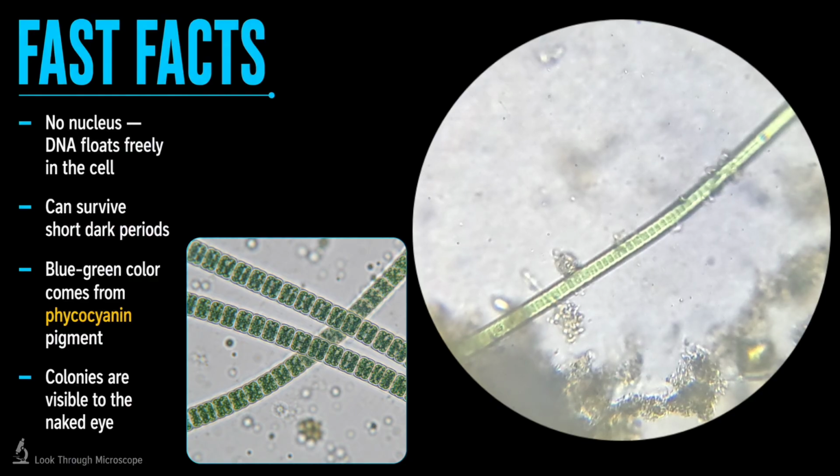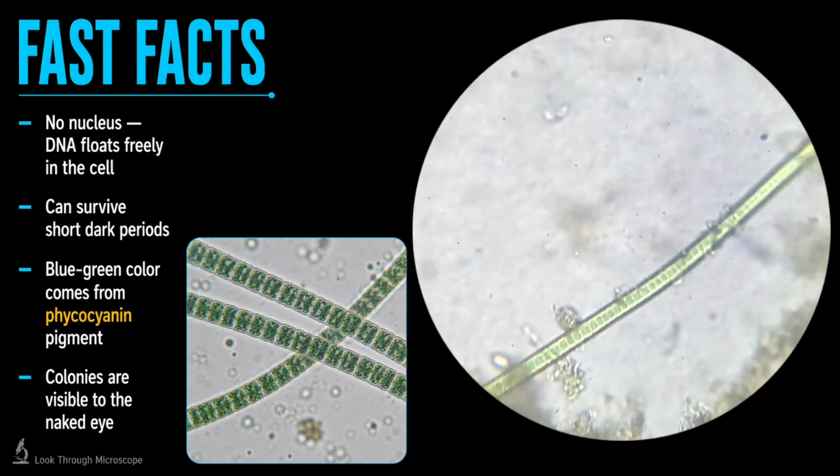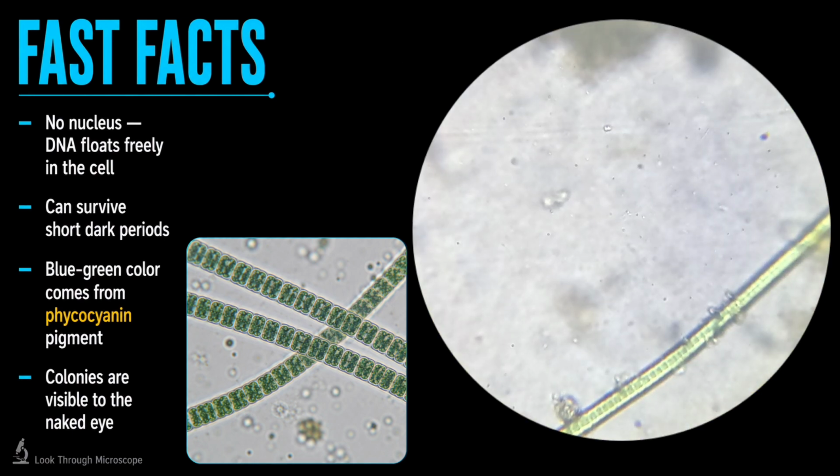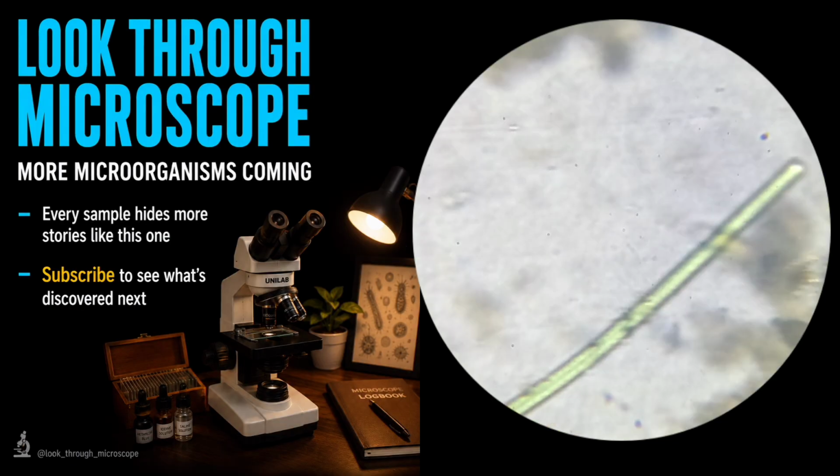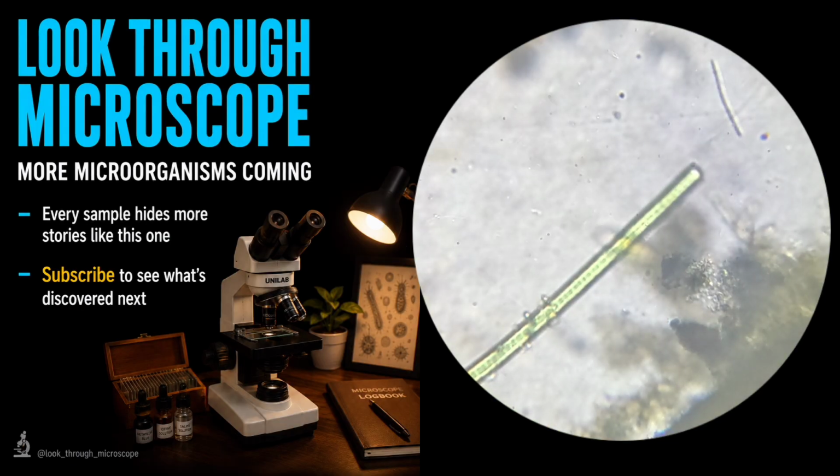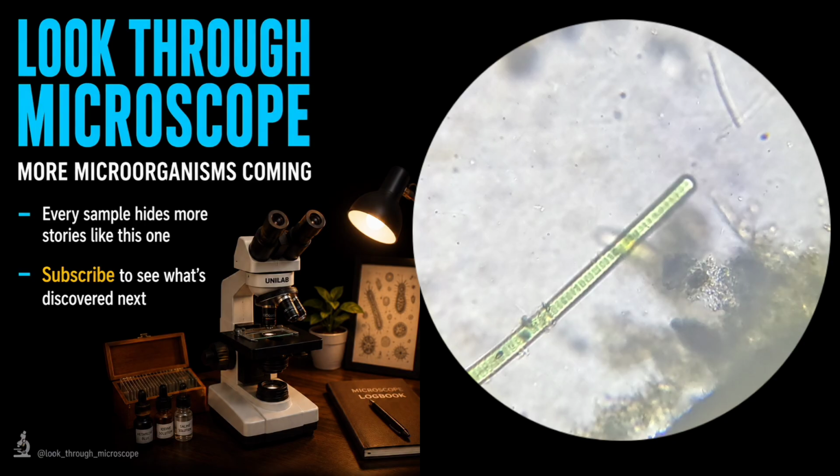Despite being microscopic, colonies of Oscillatoria are often visible to the naked eye as blue-green mats. So next time you see a greenish film on still water, you will know there's a good chance something like this is quietly gliding beneath the surface, a distant relative of the organisms that gave this planet its oxygen.